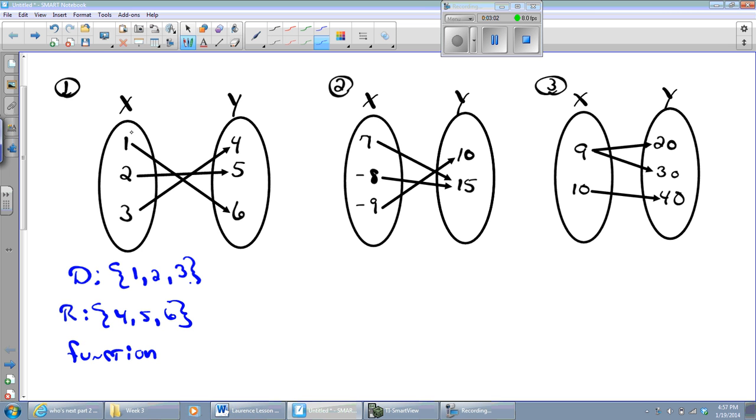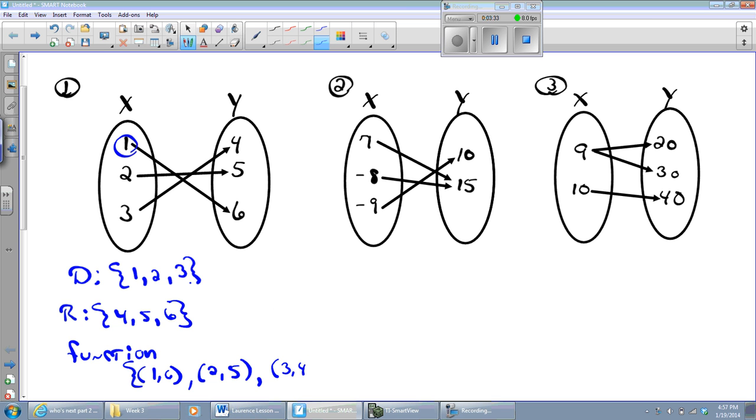Well, let's check the domain. This member of the domain, where does he go? Only to 6. By the way, this picture is kind of weird, but this 1 arrow 6 means 1, 6. The x coordinate is 1 and the y coordinate is 6. It's the ordered pair 1, 6. 2 is going to 5, so I have the point 2, 5. 3 goes only to 4, nowhere else.